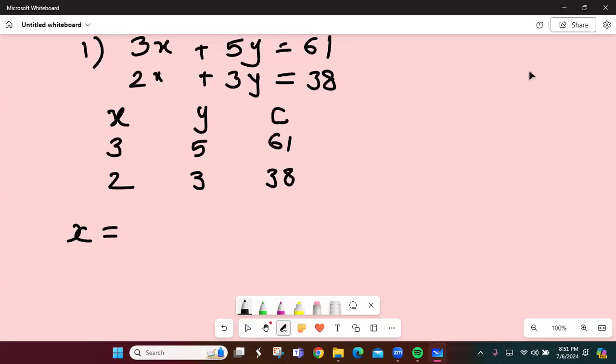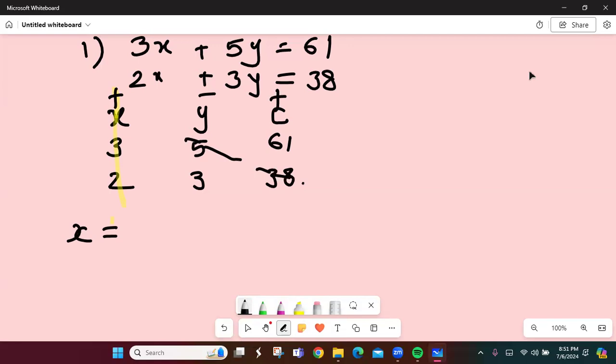Okay, so now to find x, what I'll do is I'll just cancel this x column here, and I'll go according to this sign. Here I'll write plus sign, here I'll write minus sign, and here plus. So I'm canceling the x column and multiply these two.